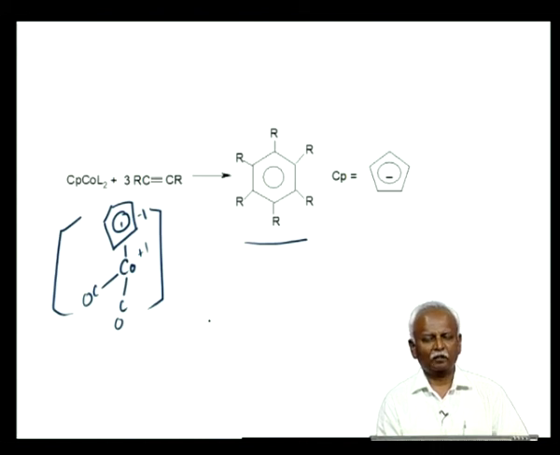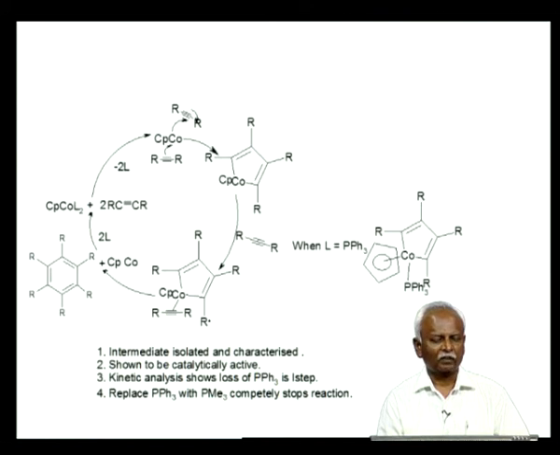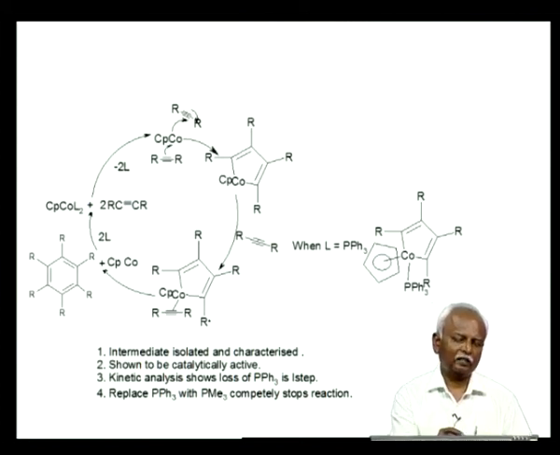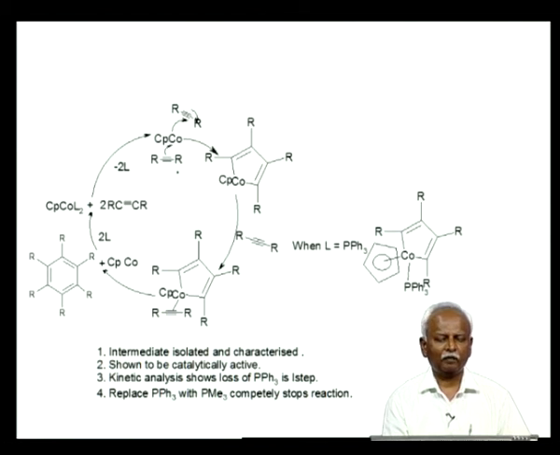So, let us take a look at this particular reaction. First of all, you can have a reaction in which 2 acetylene molecules react with this CpCo(CO)2, which has lost the 2 ligands. So, you can replace the 2 carbon monoxides on the cobalt with 2 acetylenes.